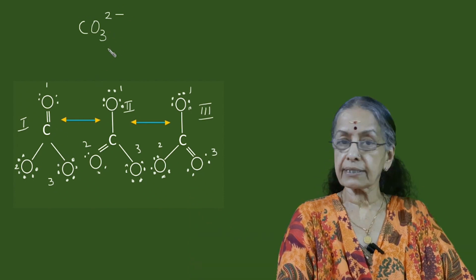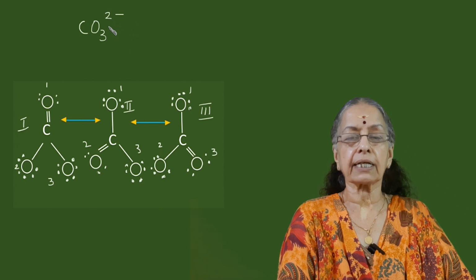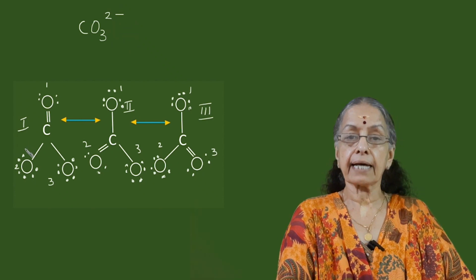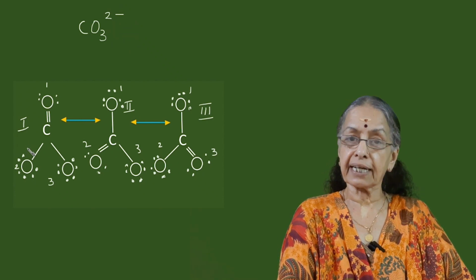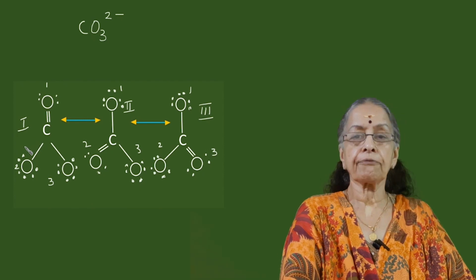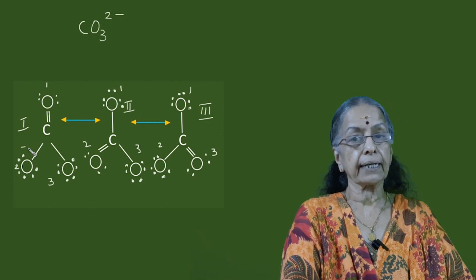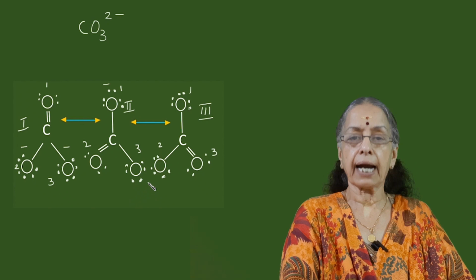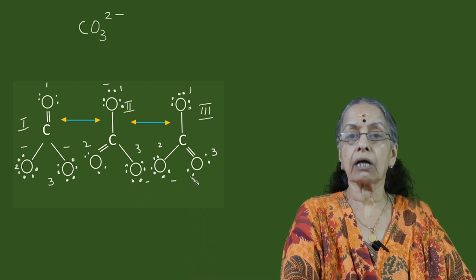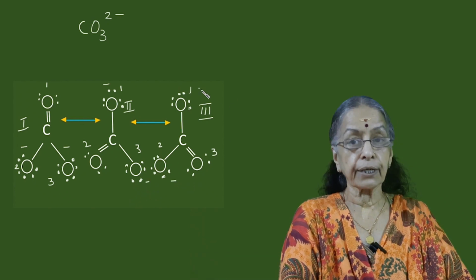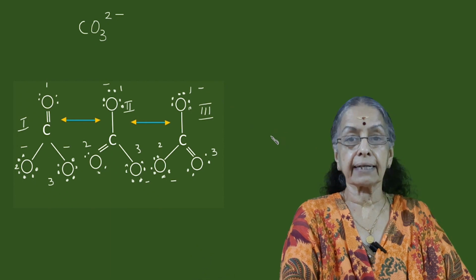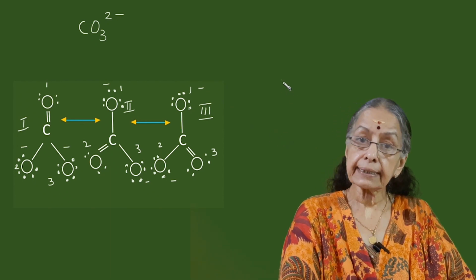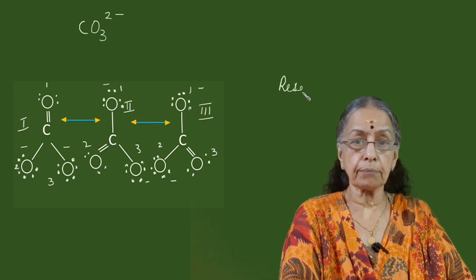So the molecule does not exist in any of the canonical forms. It exists as a hybrid of these three canonical forms. In all the three forms, the oxygen atom bearing the single bond will have one negative charge each, so that the ion has two negative charges. So it exists as the resonance hybrid.